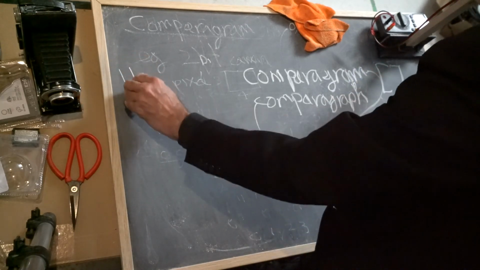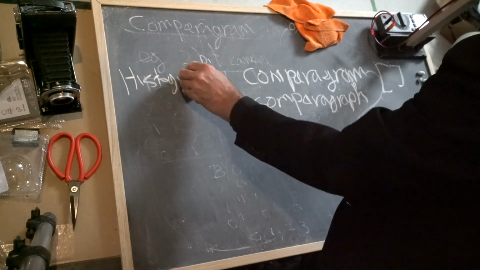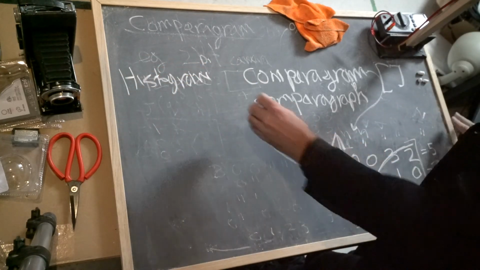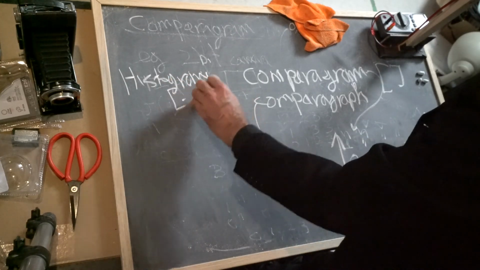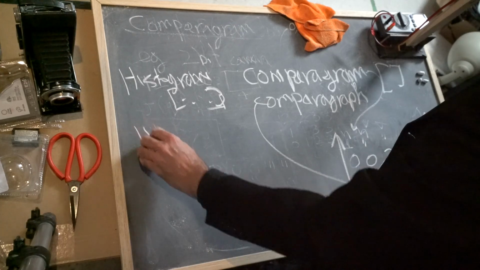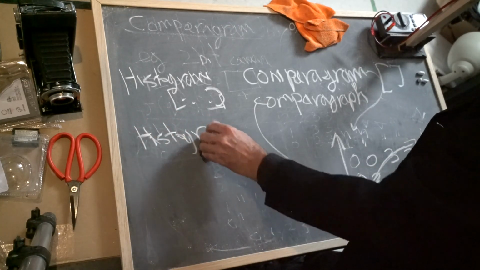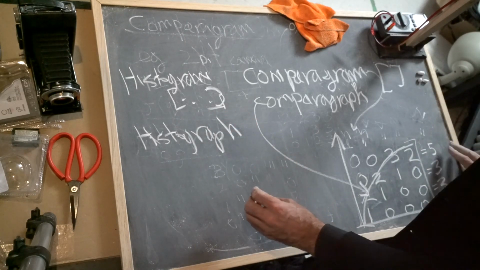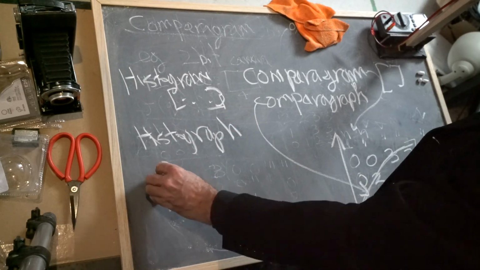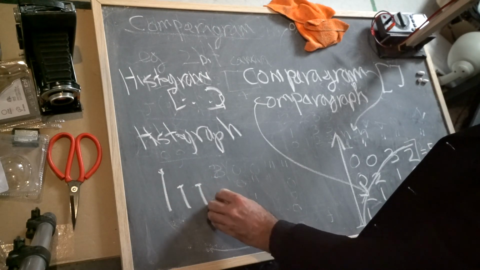Likewise, I can introduce concepts like histogram, which is this discrete array, a list of numbers, and histograph, which is the smooth function underlying it. So if this was a histogram, I had 5, 3, 3, 1.